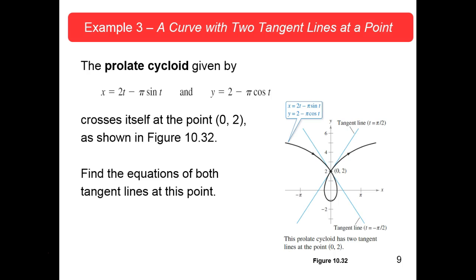And pi halves minus pi is going to be negative pi halves. That was supposed to give us a 0, wasn't it? Let's go back and see if I got that right. Wait, it was pi halves times 2, so wouldn't that just be pi? Yeah, okay. Let's back up and do that again.